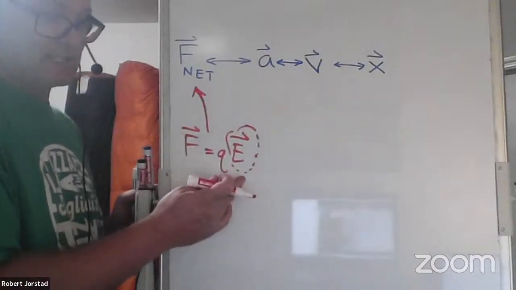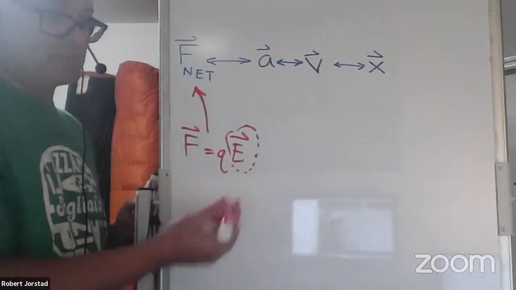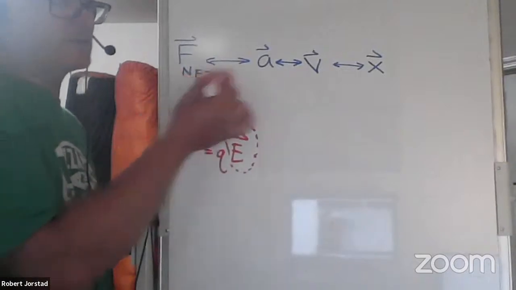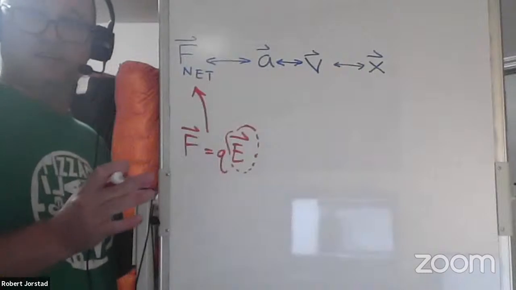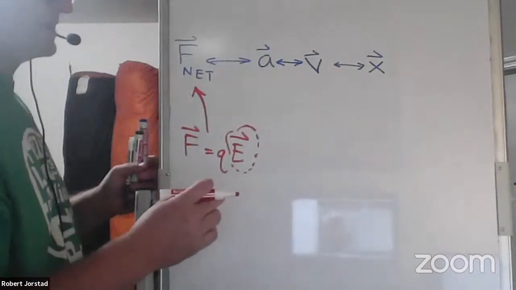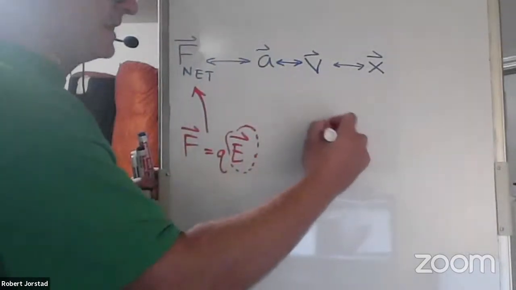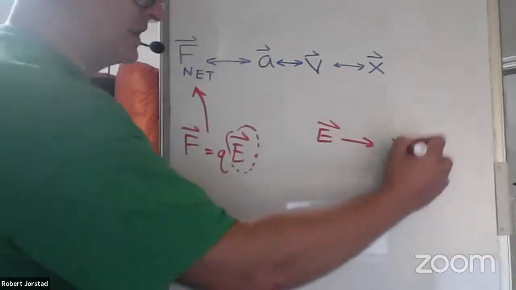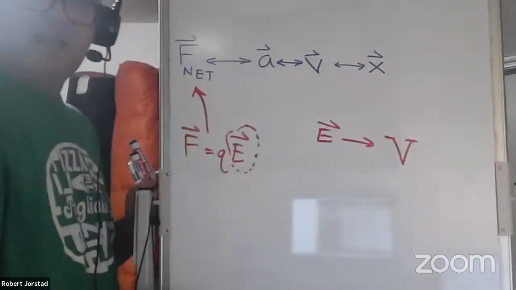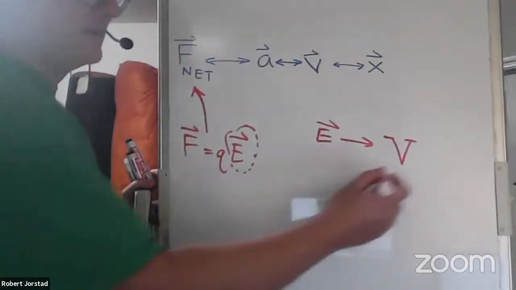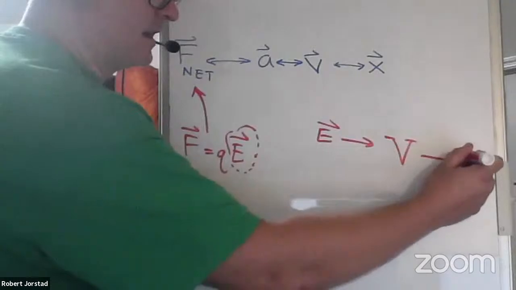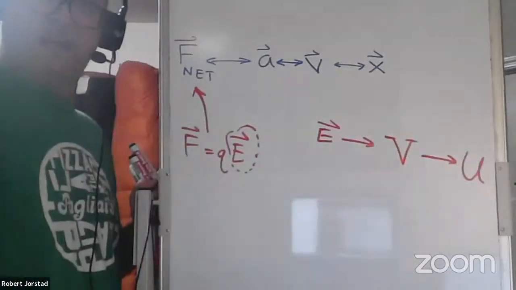By figuring out electric fields, we can figure out the force and go all the way over to position and vice versa. Now we also have this extra abstraction: from electric fields, we can learn about voltages, and voltages can tell us about electric potential energy.